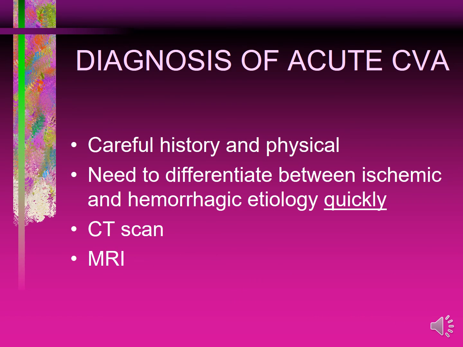It's really important, as I said, to diagnose a CVA quickly as to the cause, because if you can rule out a hemorrhagic etiology, in other words, that there's bleeding going on, then you can try to treat the patient with TPA, which is the clot buster medicine, and you can try to restore some circulation to some of these areas of ischemia.